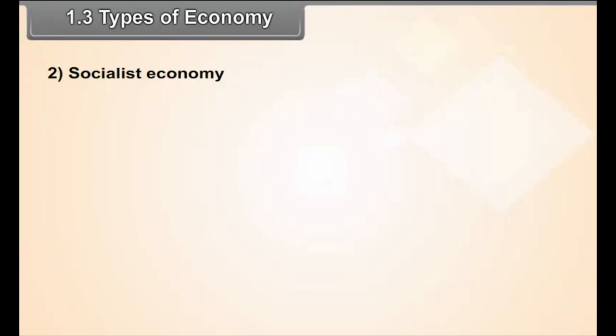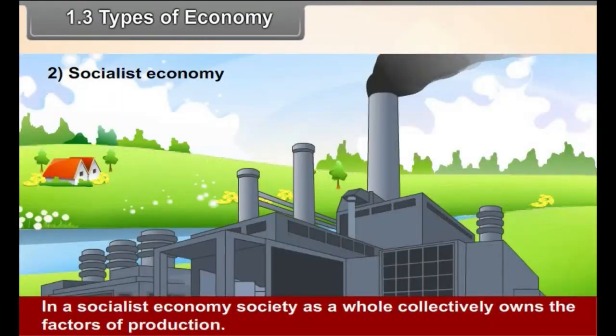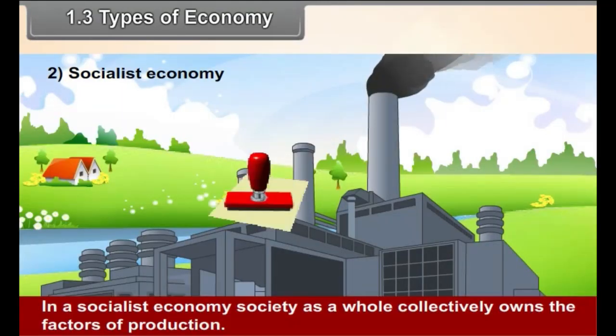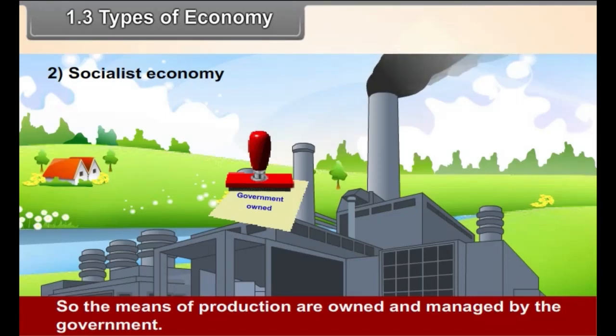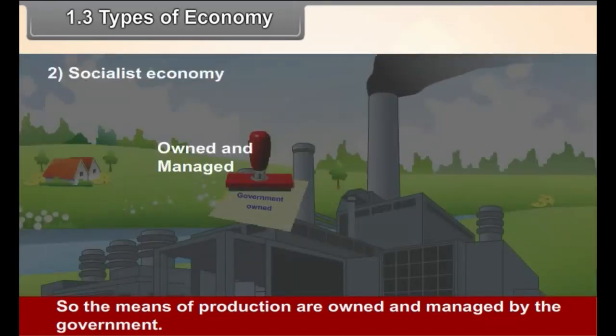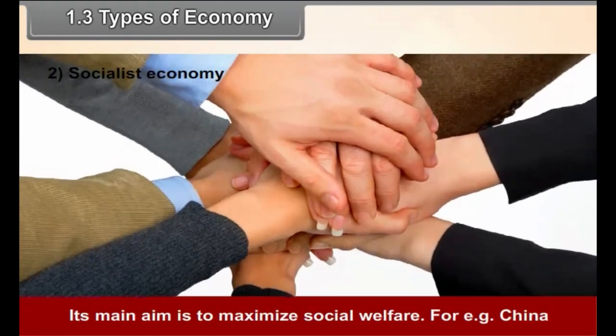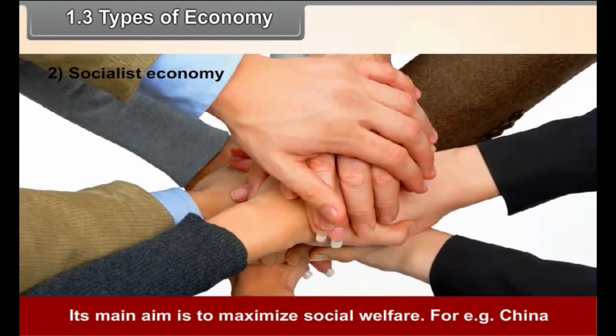2. Socialist economy. In a socialist economy, society as a whole collectively owns the factors of production. So the means of production are owned and managed by the government. Its main aim is to maximize social welfare.